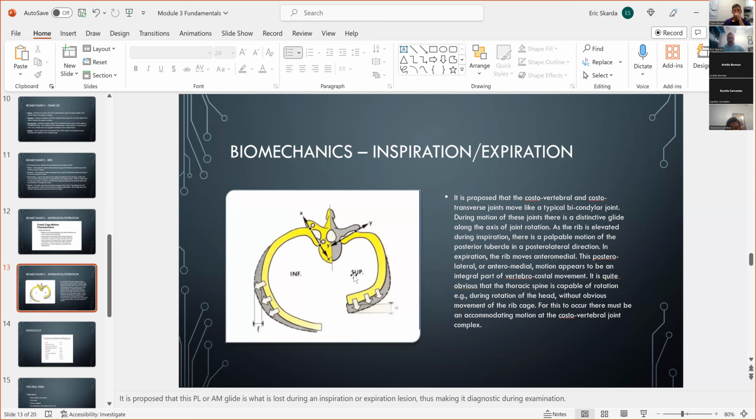That's going to produce more of this anterior vector here, where we get movement in the sagittal plane. Relatively less gliding occurs at the costotransverse joint. This is more of a pivoting moment at this point, as opposed to this vector that goes along that line.